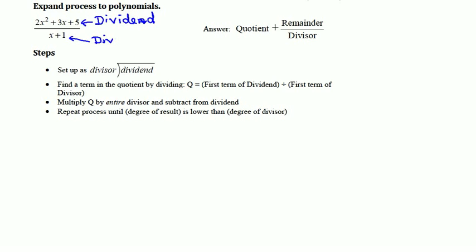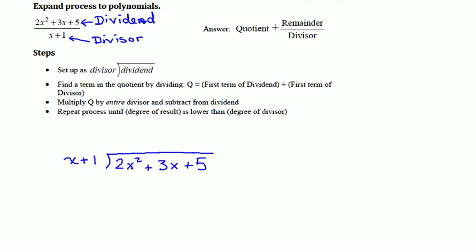This is the one that goes outside the bracket. So my first step, and I'm going to leave a little bit of room above it, is to set this up as x plus 1 into 2x squared plus 3x plus 5.